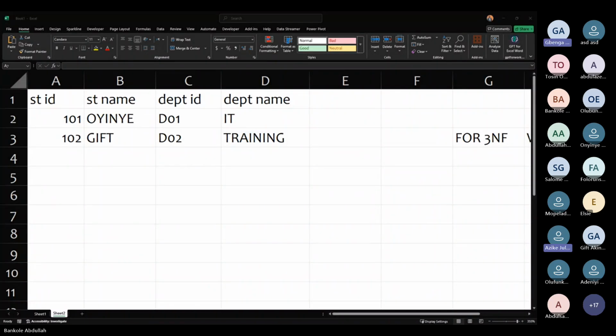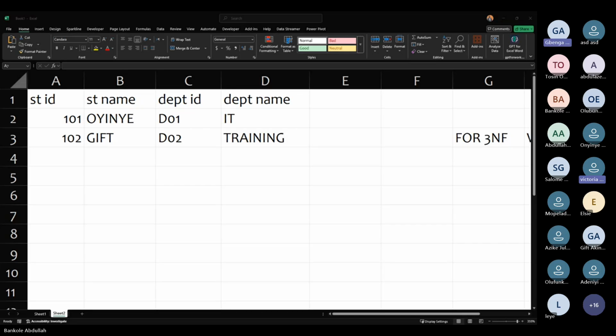Okay, can somebody else try? LC. Non-key columns. Yes, LC. I think it should be department name. And probably student name. Probably? So you're not even sure. Because many people can bear Onyinye here.